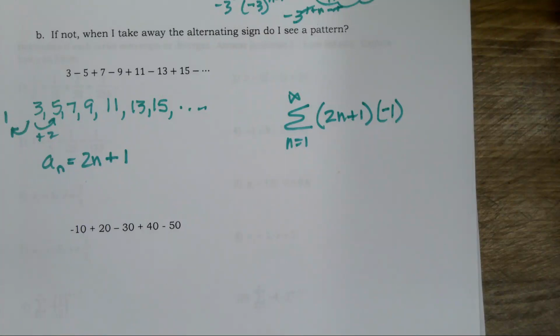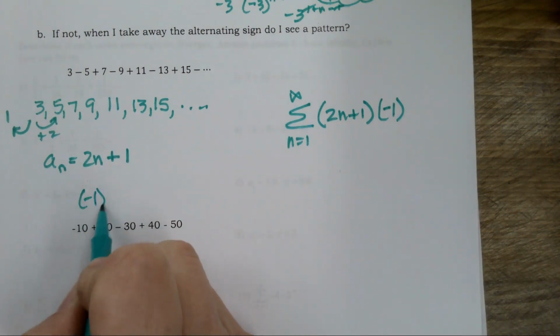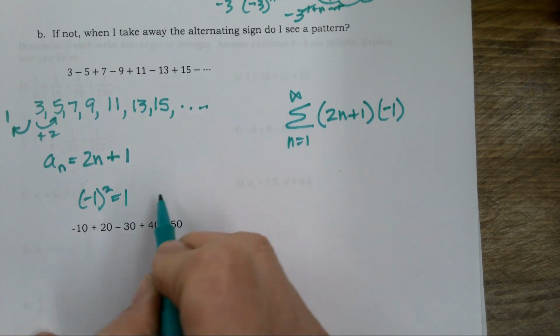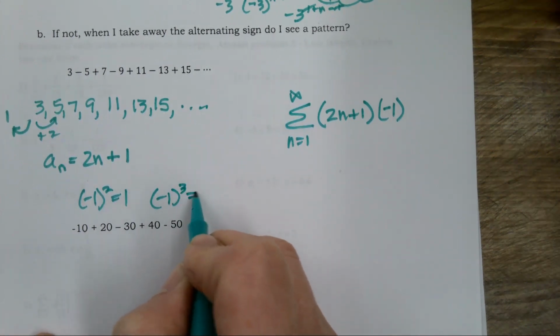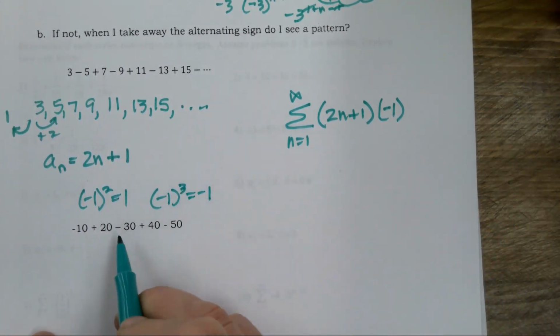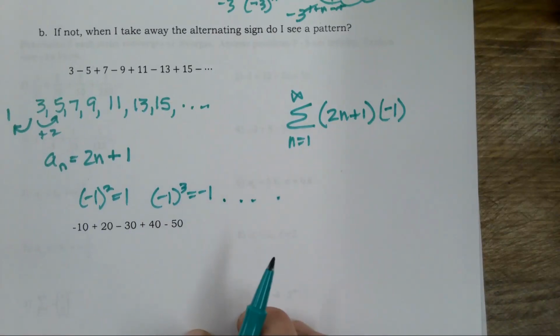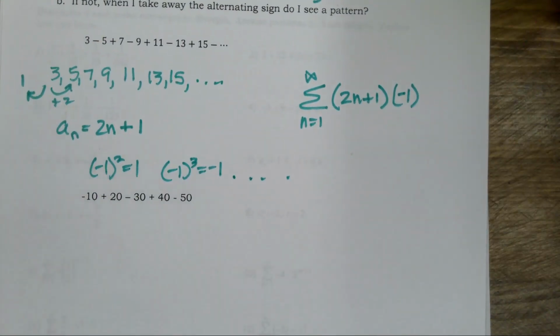And we do that by manipulating the powers. Remember, anytime I raise a negative number to an even power, it will become positive, right? If I raise a negative number to an odd power, it will stay negative. -1 squared is +1. -1 cubed is -1. I want to continue with that sort of pattern on my -1.